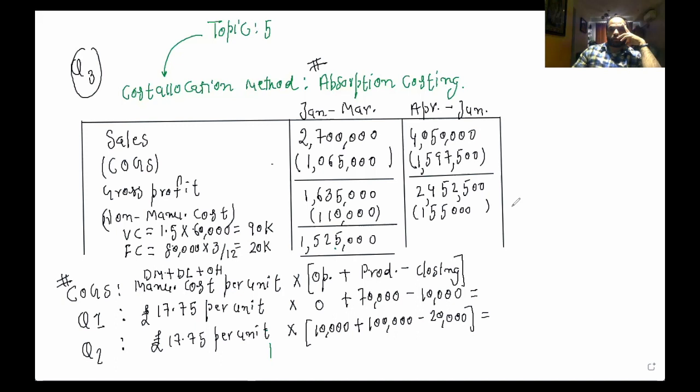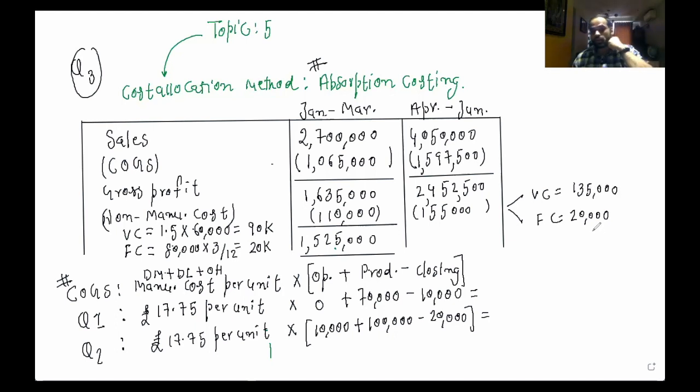$155,000, right? In this 155,000, the fixed is same, which is 20,000, right? And variable is 135,000, right?